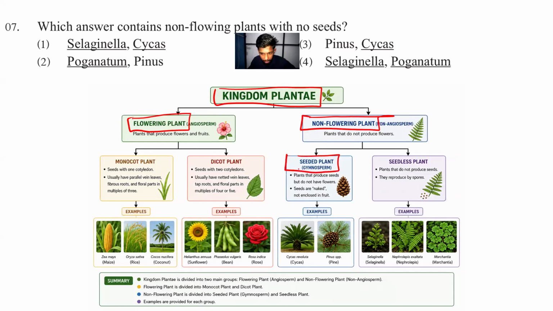And you want to mention the name gymnosperm. I said that gymnosperm is gymno, so the seeds are naked. The seeds can be seen by naked eye. Right? And seedless plant, and the examples. There's no need to write all the other things. Just draw the names and the types.